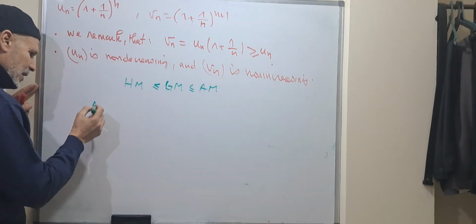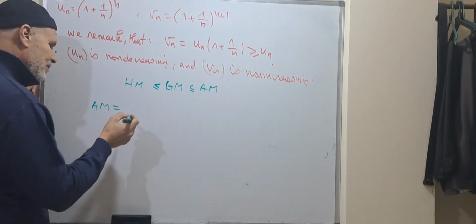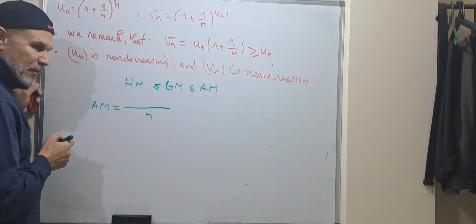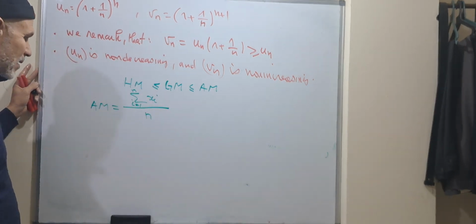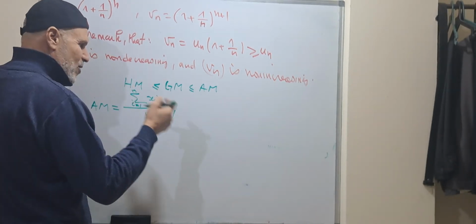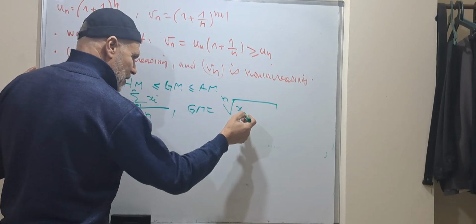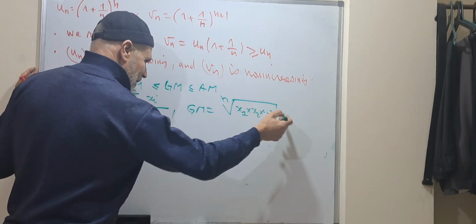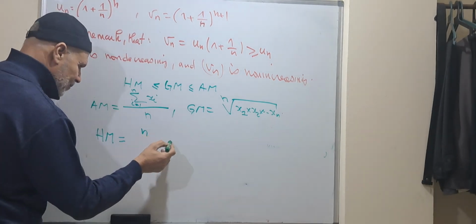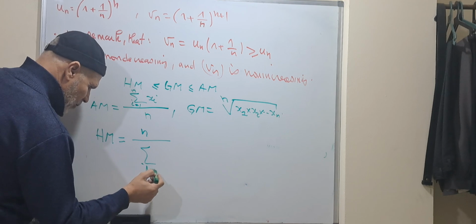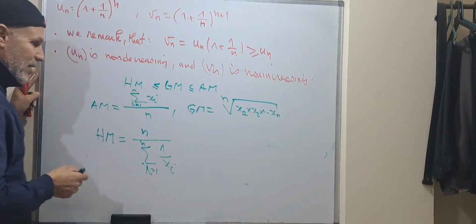The arithmetic mean for a set of n points is the sum from i equal 1 to n of xi, divided by n. If the xi are positive, then the geometric mean is the nth root of x1 times x2 up to xn, and the harmonic mean is n divided by the sum from i equal 1 to n of 1 over xi.